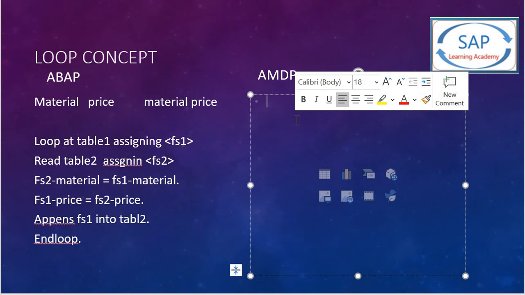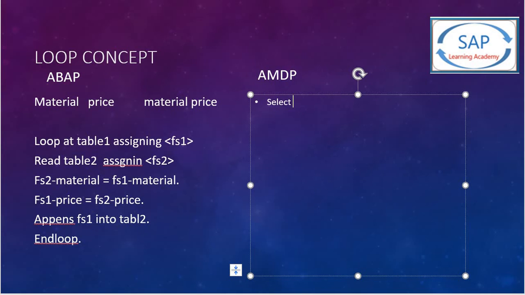So now what we are going to do is write a select statement. Select, let me write it first, a dot material and b dot price.